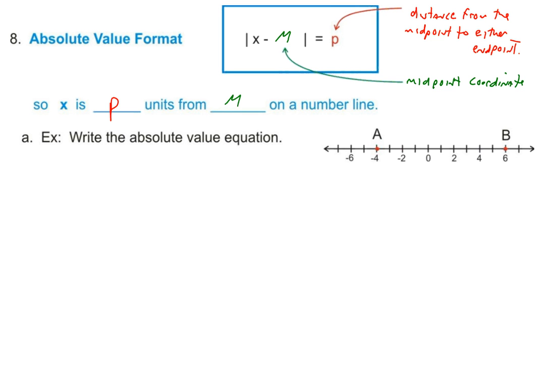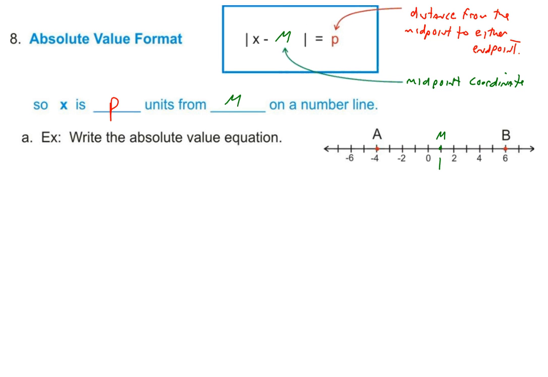Let's first off find the midpoint. And this is an easy one. Can we look and find the midpoint? It's going to be 1, right? And again, you can do the midpoint formula, or you can count because we have a number line. But the midpoint is 1. Is everybody okay with that?